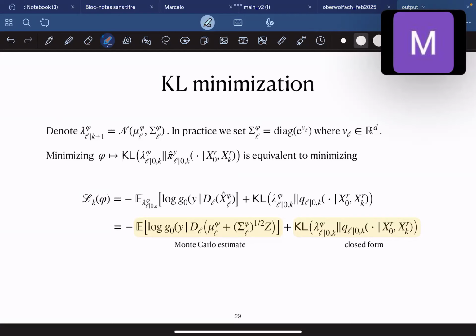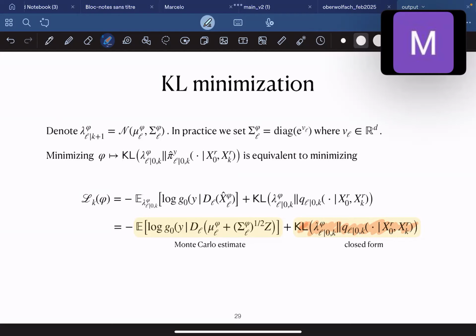You can write it, up to an additive constant which does not depend on phi, as an explicit term which corresponds to the Kullback-Leibler of two Gaussian distributions. So you can explicitly compute the second term, because it is between two known Gaussian distributions.